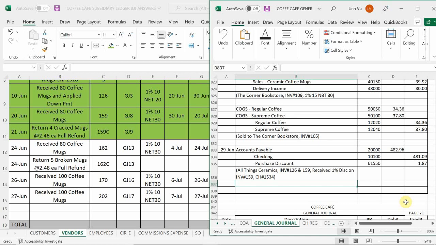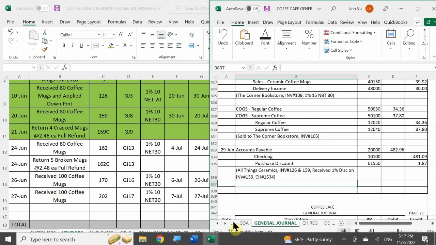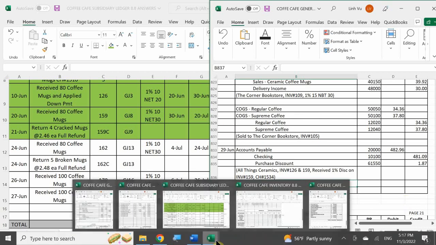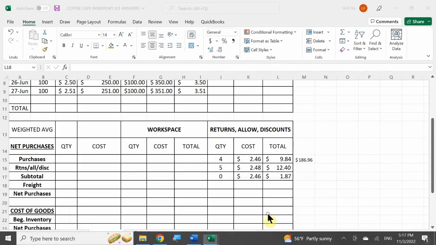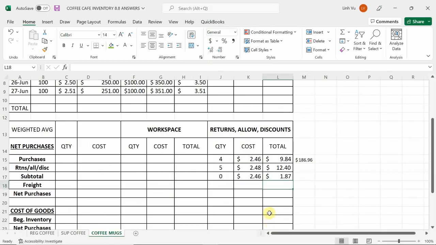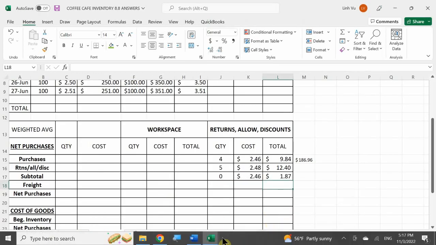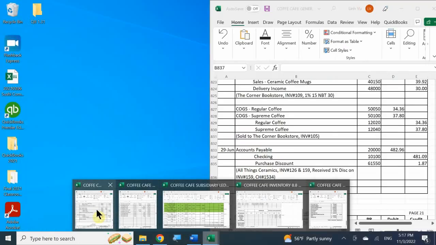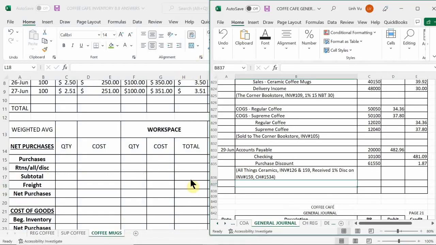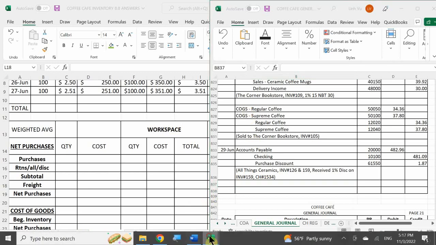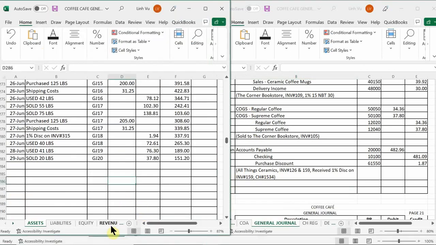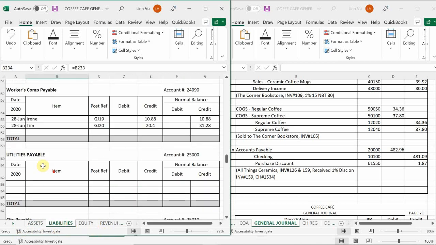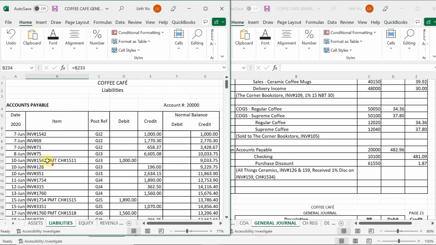So we already did the inventory worksheet, so we're good to go there, right? We already put in the purchase discount right here. Okay, so now I need to go ahead and update so I did the journal. I need to update my ledger. Okay, so first things first is accounts payable, right?